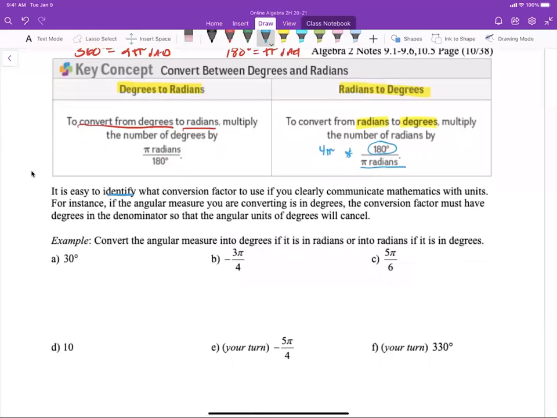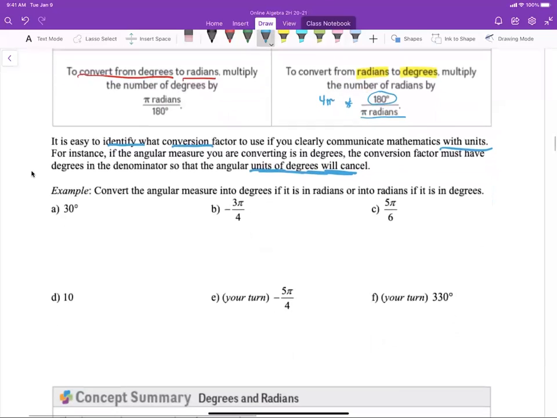It's easy to identify what conversion factor to use by units. If you don't pay attention to your units and which units cancel, then you will have trouble with this. This is going to be important not only in math, but in your advanced science classes as well. So units are your friend. Okay, here we go.